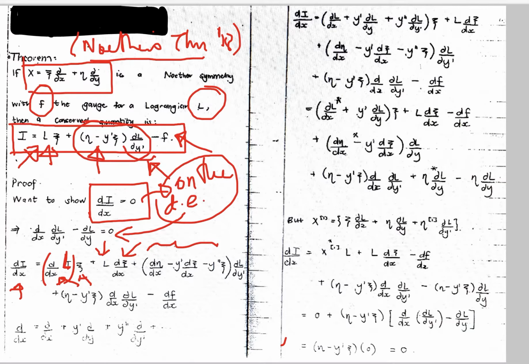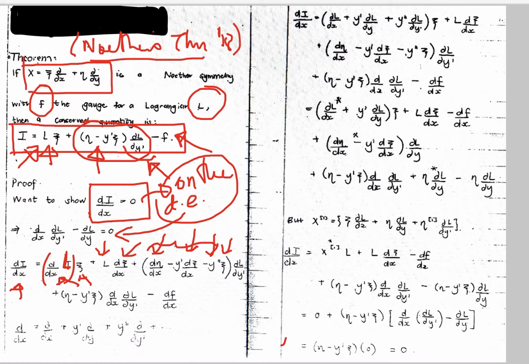The bracket has an eta, so there's the derivative of eta there. Inside the bracket we have the term y dash xi, which is another two terms, so it's a product rule. If you differentiate y dashed xi, you get y dash times the derivative of xi, plus the derivative of y dashed, which is y double dashed, times xi.